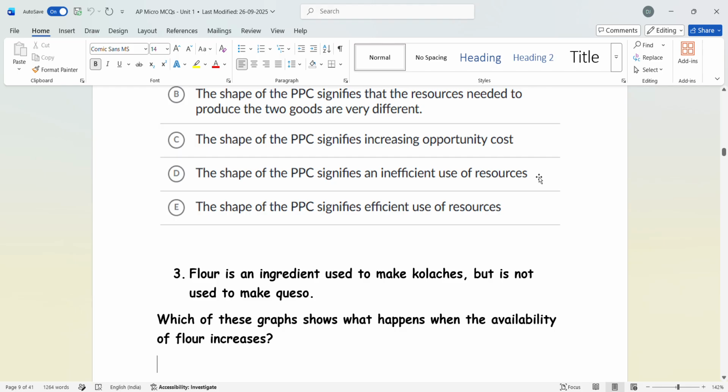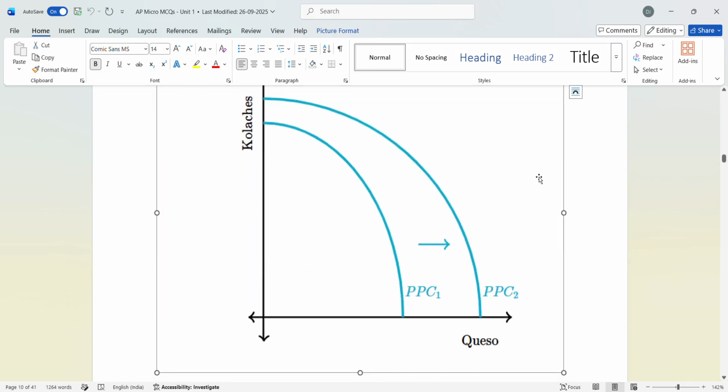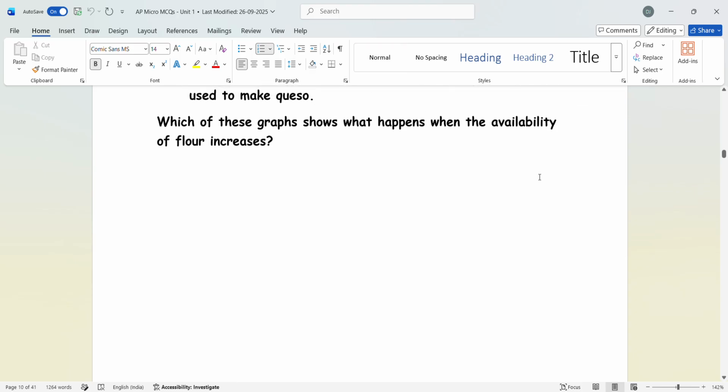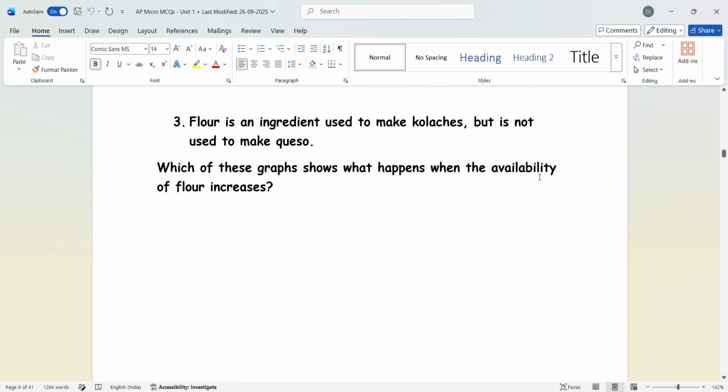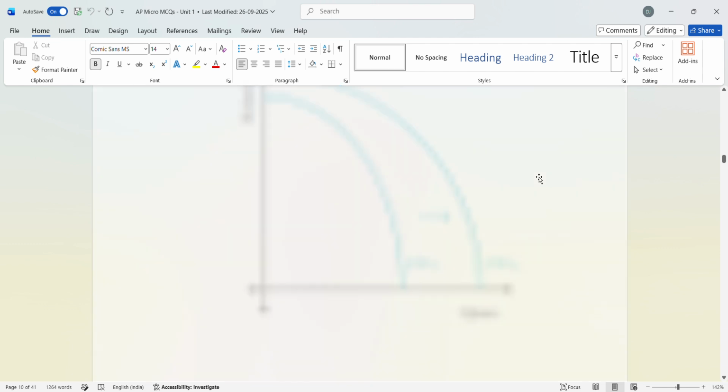All right, then flour is an ingredient used to make collages but is not used to make queso. Which of these graphs shows what happens when the availability of flour increases? All right, so we have collages on the y-axis and queso on the x-axis. Now this is not true because only the ingredient flour increases and that's used for making collages and not queso. So basically the production of collages will increase and not queso.